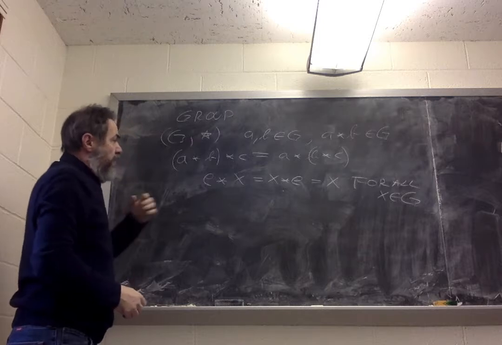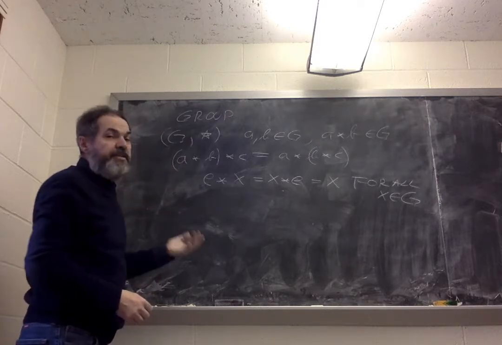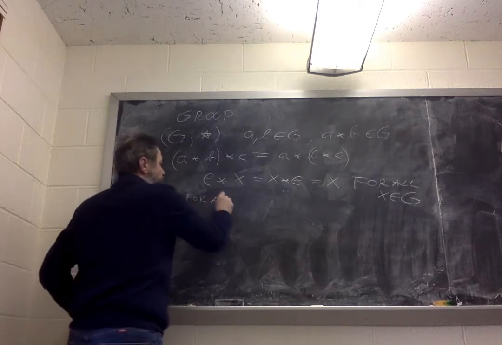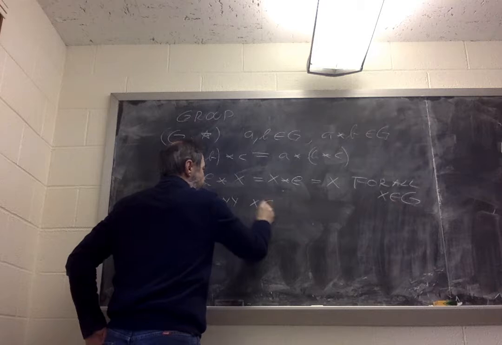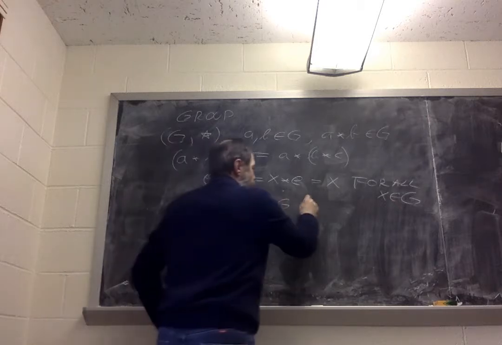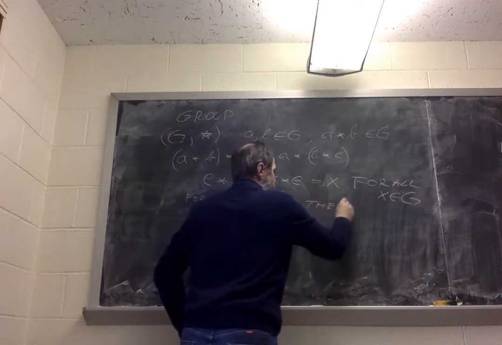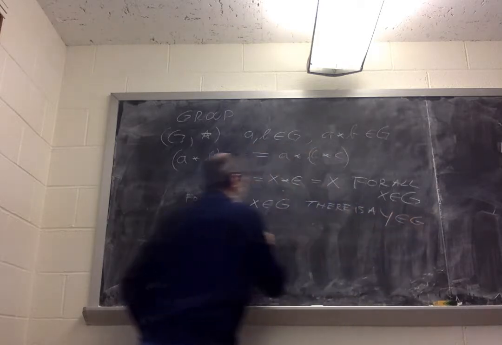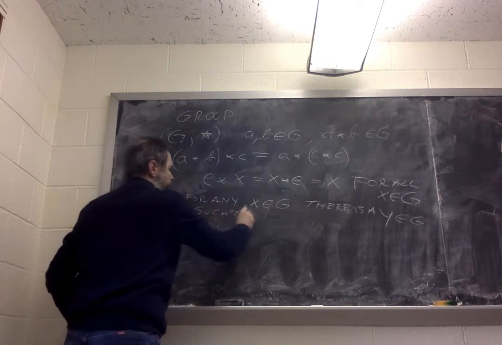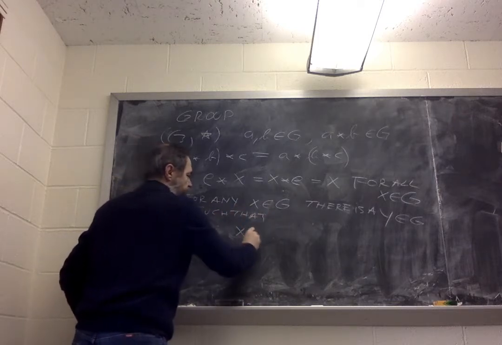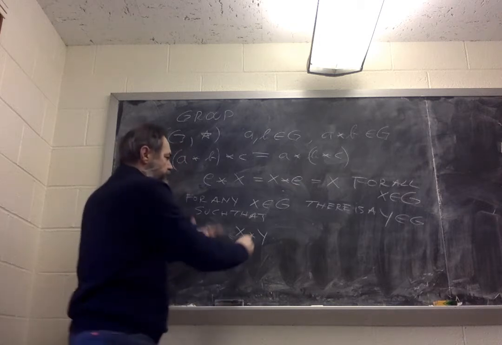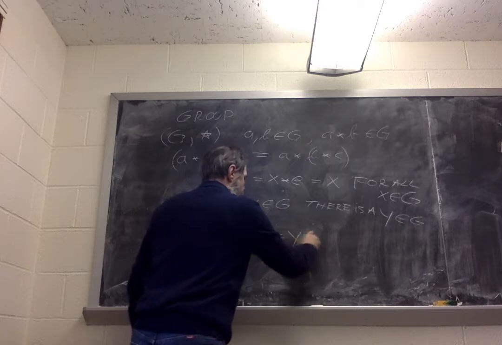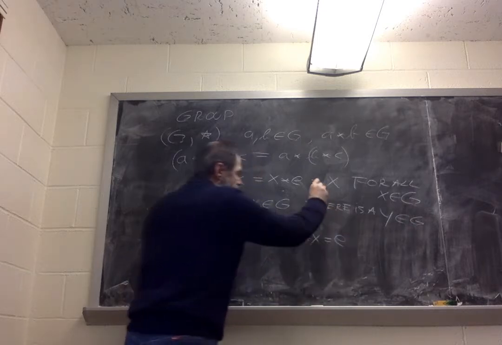And we require another thing, that any element has an inverse. For any x in the group, there is a y in the group such that x star y is equal to e, and y star x is also equal to e.